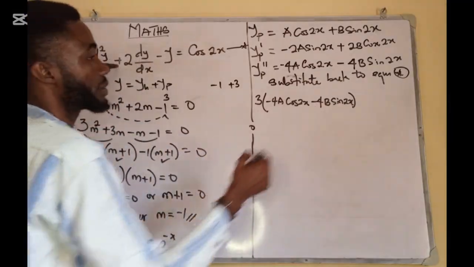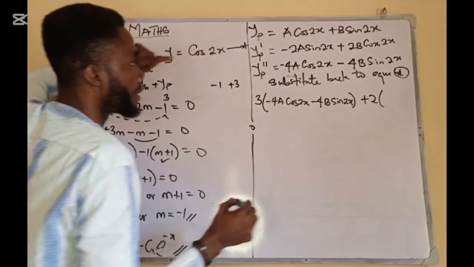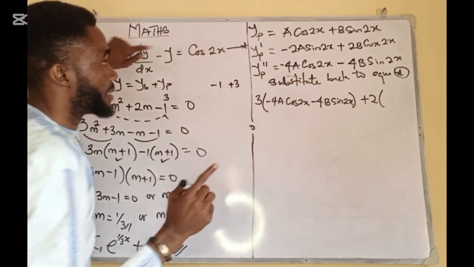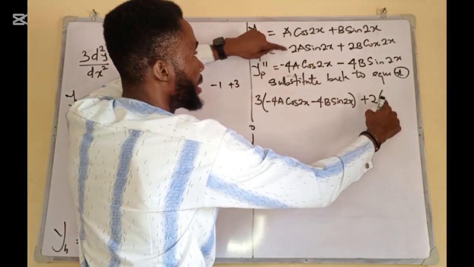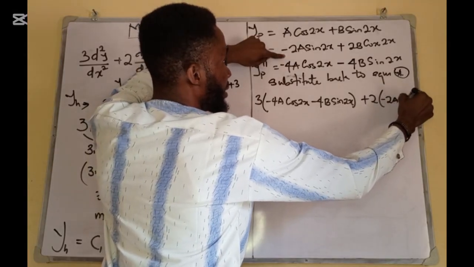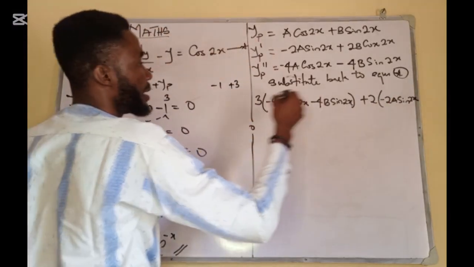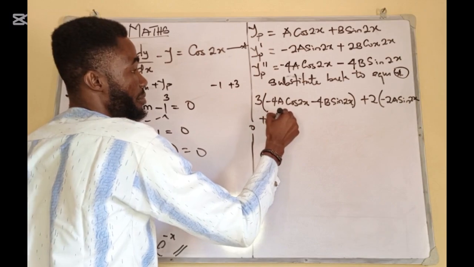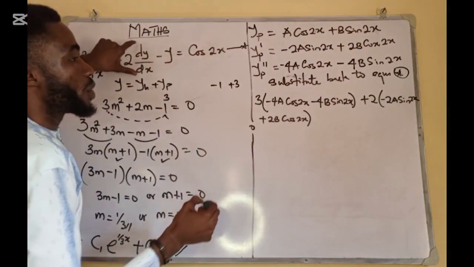Is that clear? Plus, I have 2 into the first order derivative, so I put all of this in place: minus 2a sine 2x plus 2b cos 2x. So I'm done with this.